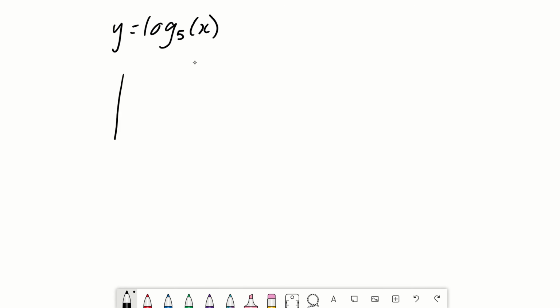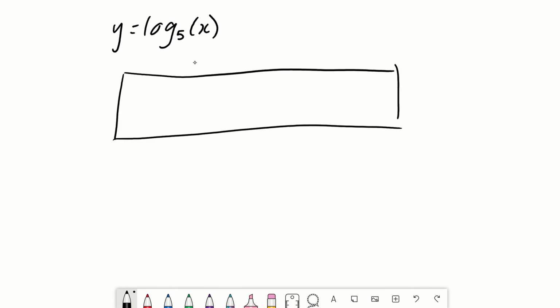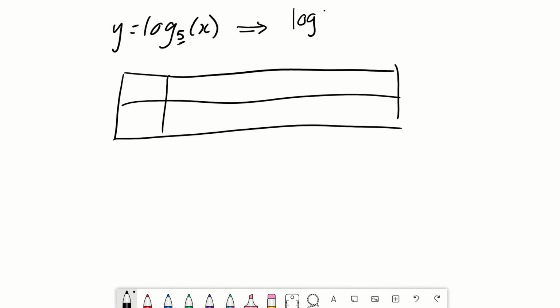But you can always do a table of values. If you do, you're thinking, okay, wait, I don't have that number in my calculator. So remember, if I don't have a log with a base 5 in my calculator, I can do my change of base, which is log of my big number over log e, or ln, of the small number.